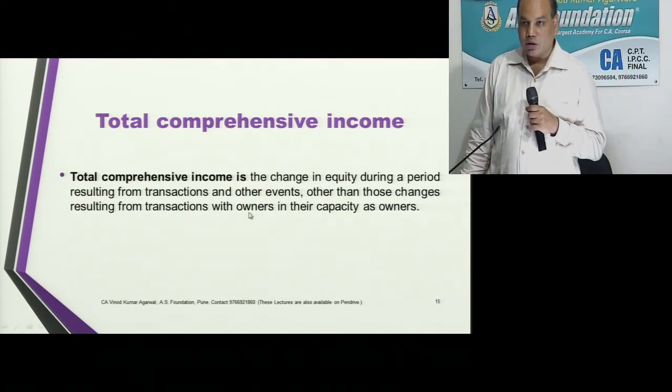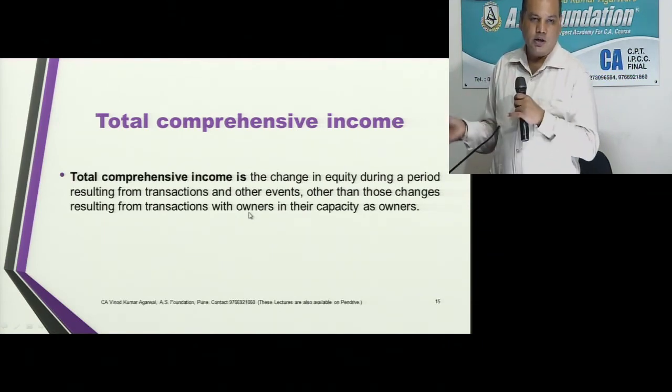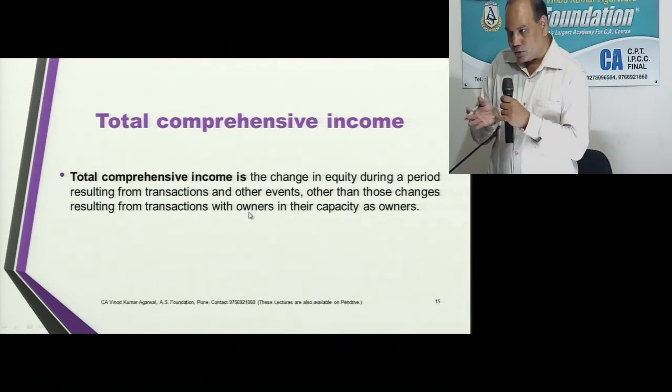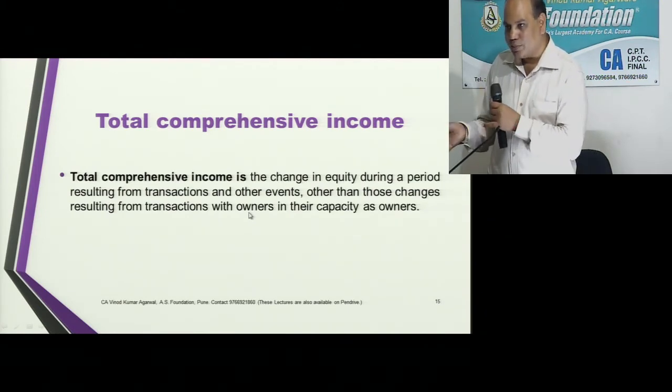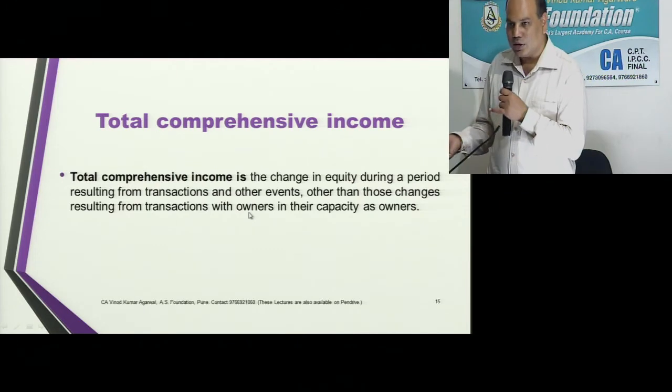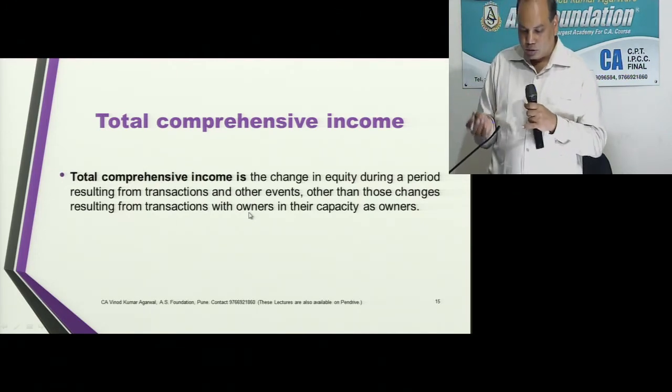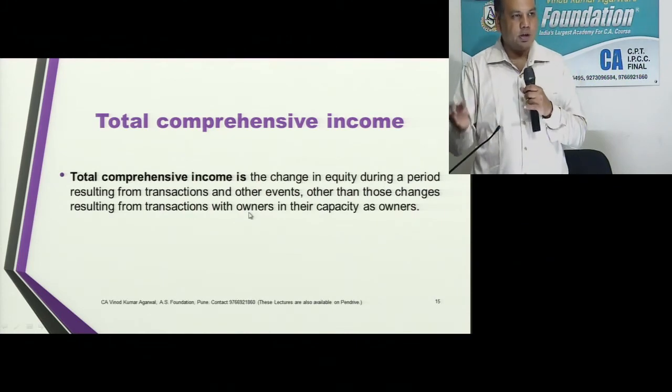And what is total comprehensive income? It is the sum of the P&L account and other comprehensive income. P&L account shows income, other comprehensive income also shows income. So it is a total of both, which is called total comprehensive income.